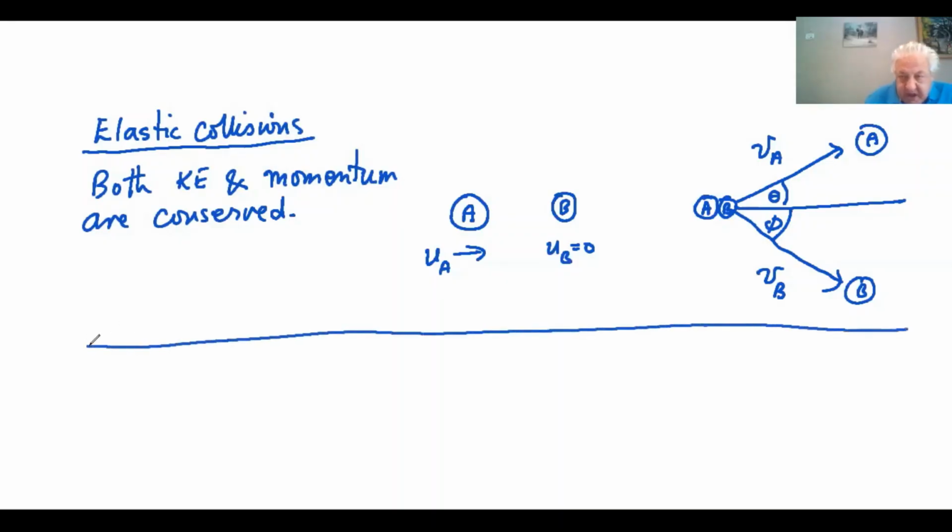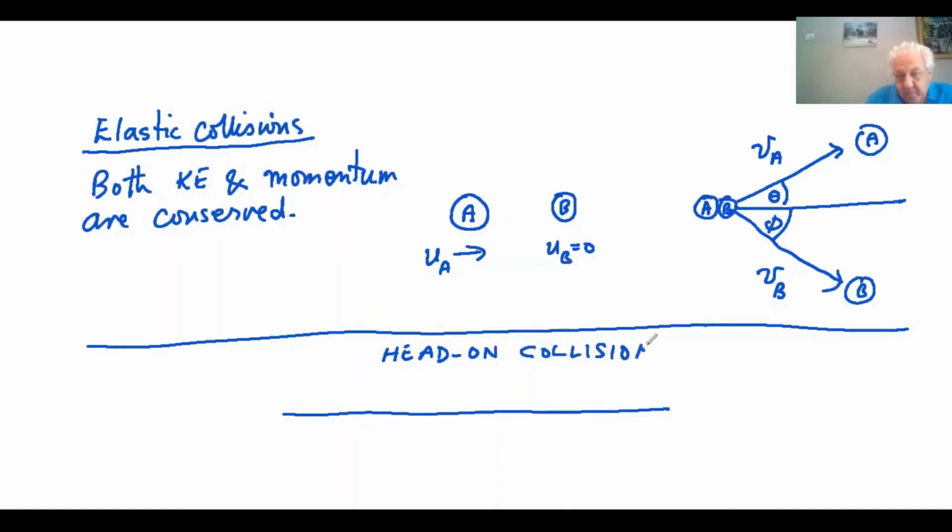One more special case of hard balls colliding, and that is head-on collisions. Again, kinetic energy and momentum are conserved. We have a ball A and a ball B. Again, I suppose UB equals 0, and UA is in some direction.